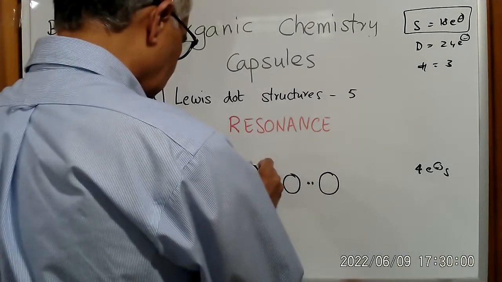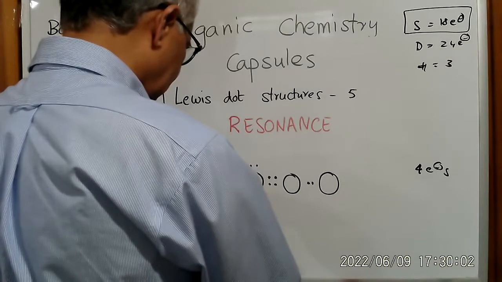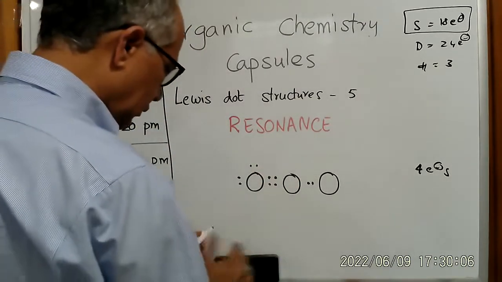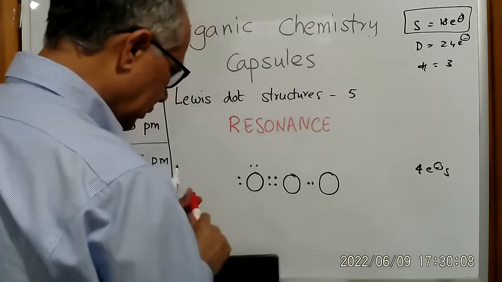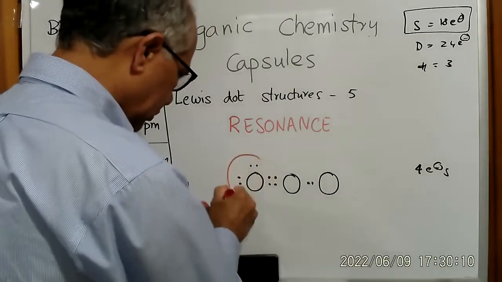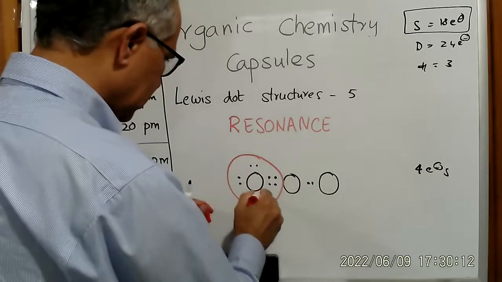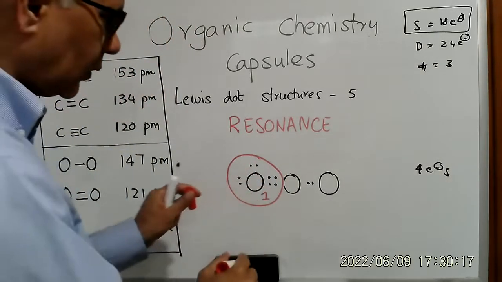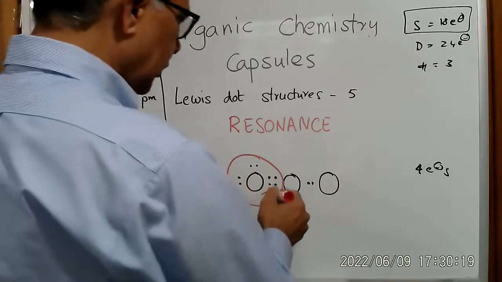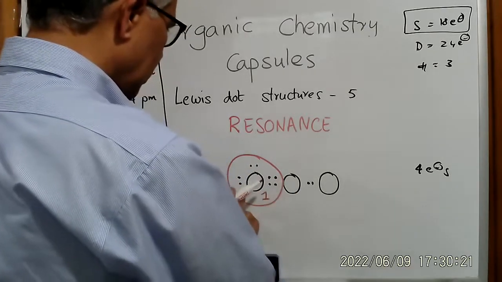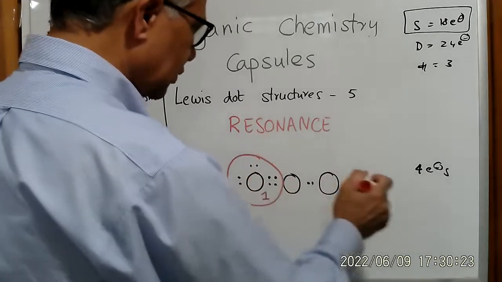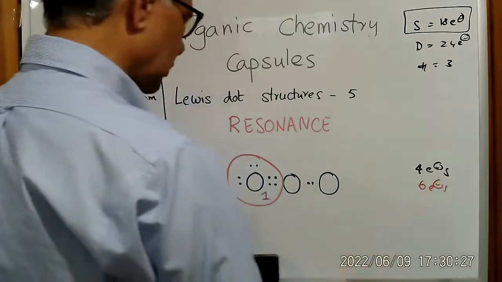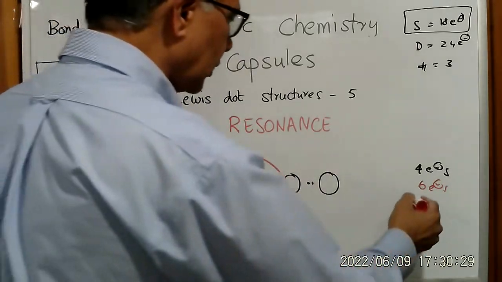And so I have conferred an octet to this oxygen. So I'll show that octet in this fashion. So this oxygen, let's call it oxygen 1, has an octet now. But in doing so, we have used up 2, 2, 2, 6 more electrons. 6 more electrons are used up. So totally 10 electrons are used up.